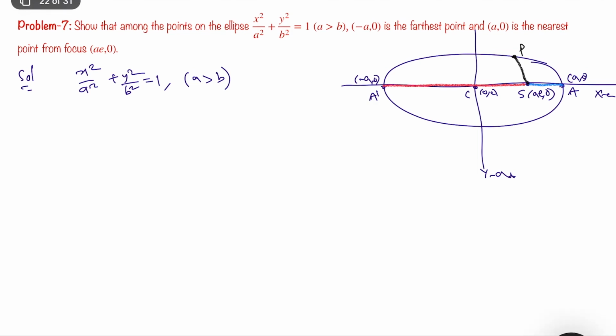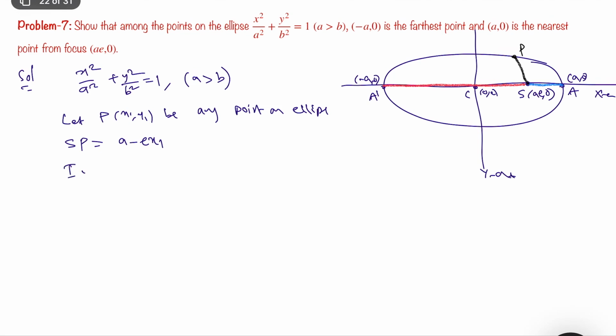Okay, let P(x1, y1) be any point on the ellipse. Then we know the focal distance SP will be equal to a minus e x1. Okay, we have already seen that. Focal distance of the point (x1, y1) is going to be a minus e x1, right?